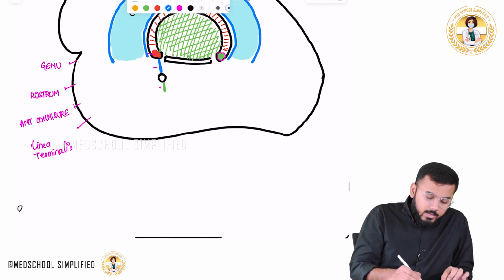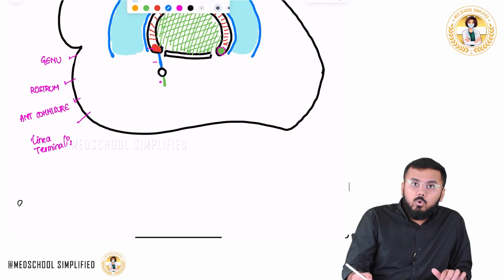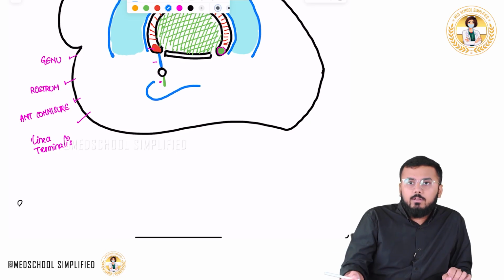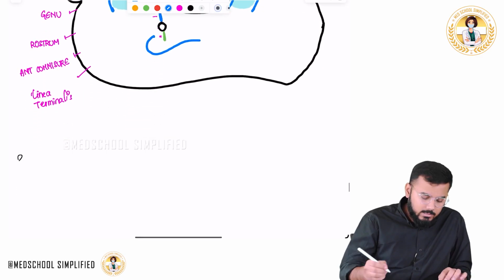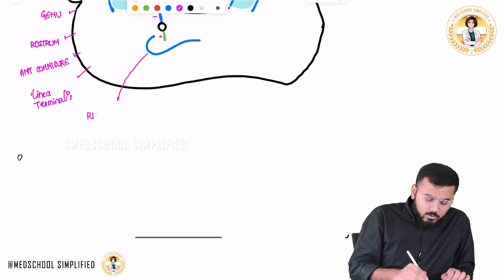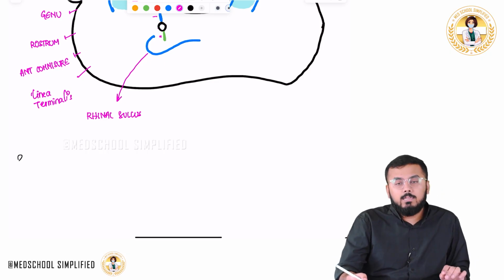We even have got some more sulci over here. For example, you see this sulcus over here, right? This sulcus which I have drawn over here is called as rhinal sulcus. So this is called as rhinal sulcus.